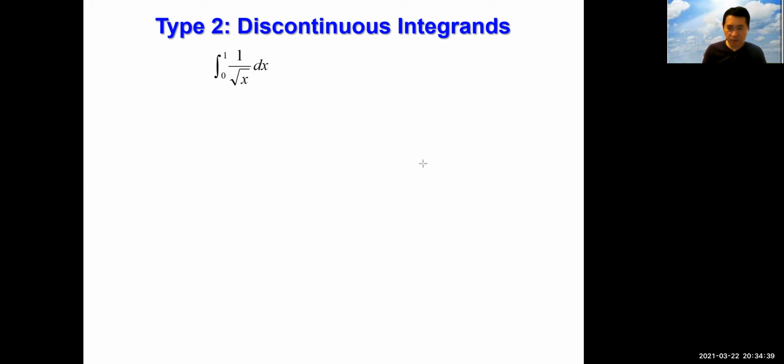So if I sketch the graph, here's the x-axis and here's the y-axis. The graph of 1 over root x goes like this. Here's 0 and here's 1.